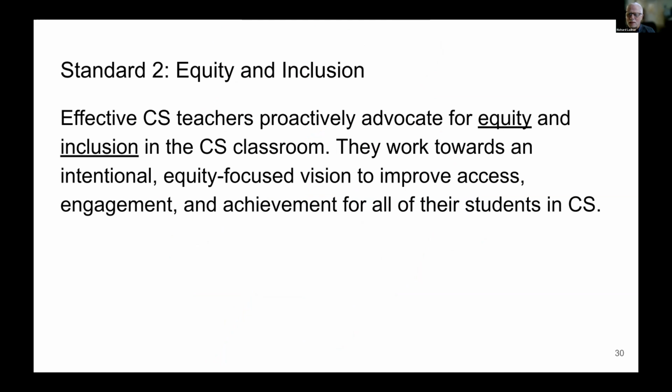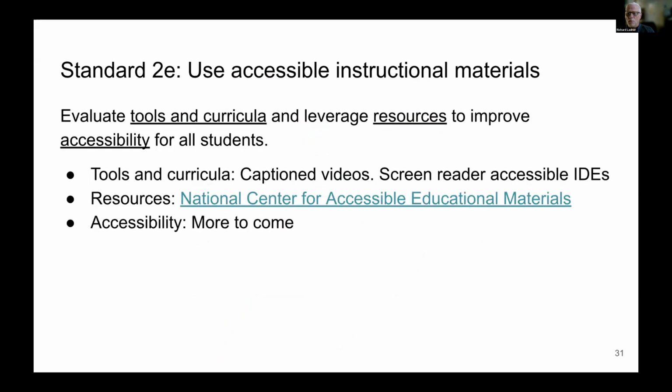So this reads, effective CS teachers proactively advocate for equity and inclusion in the CS classroom. They work towards an intentional, equity-focused vision to improve access, engagement, and achievement for all students in CS. And then go to the next slide. This is the one that we're going to talk about today.